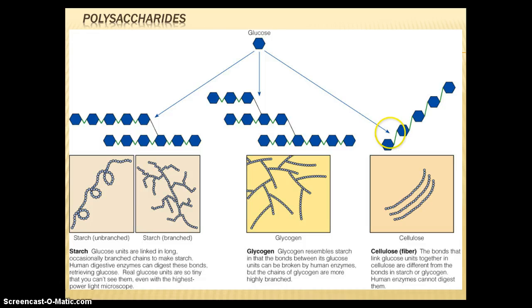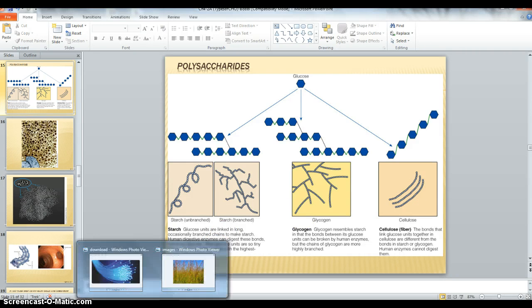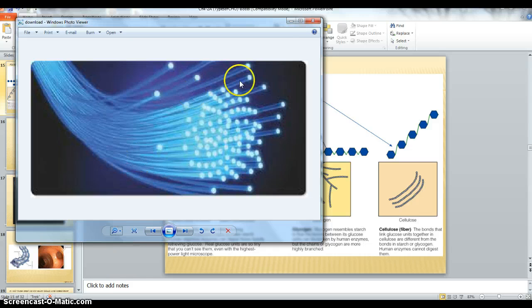It's still glucose. It's still glucose plus glucose plus glucose. But see the tidy rows. See how glucose is lined up in tidy, tight, compact rows. So I tried to find an image that was hopefully interesting to show that, and I found this image of a fiber optic cable.